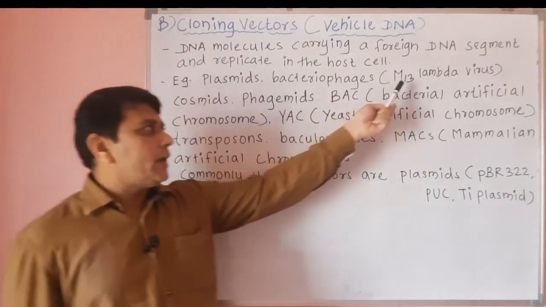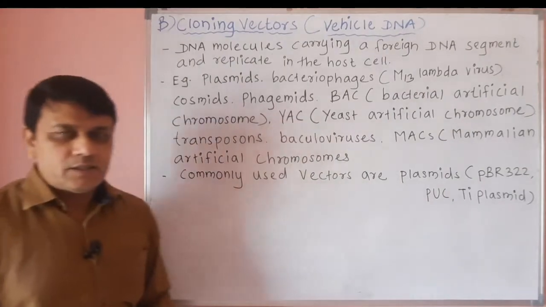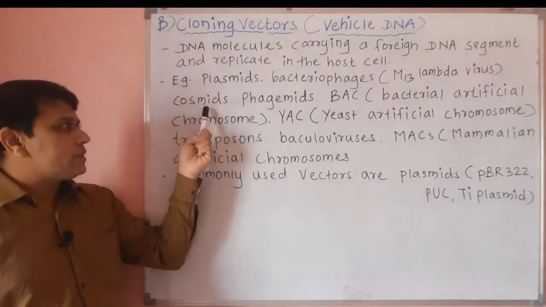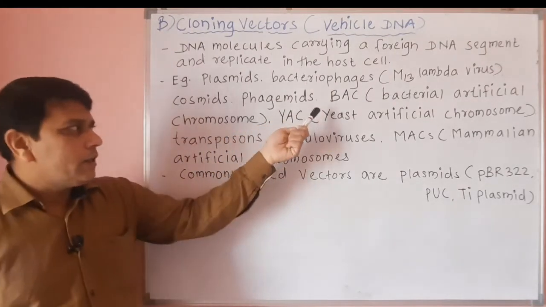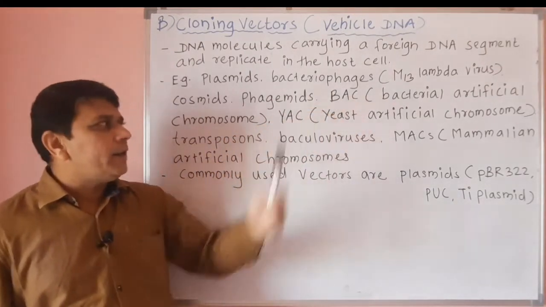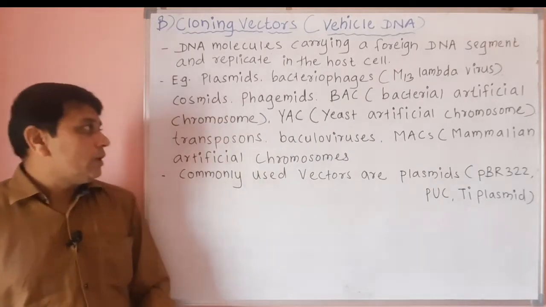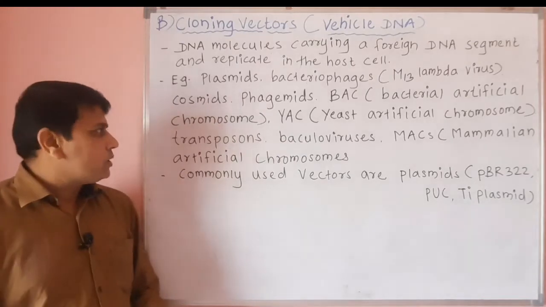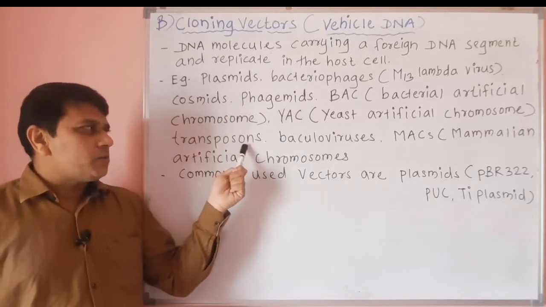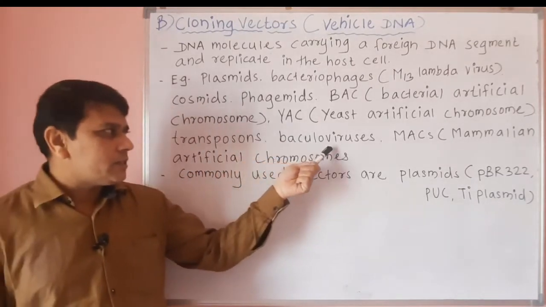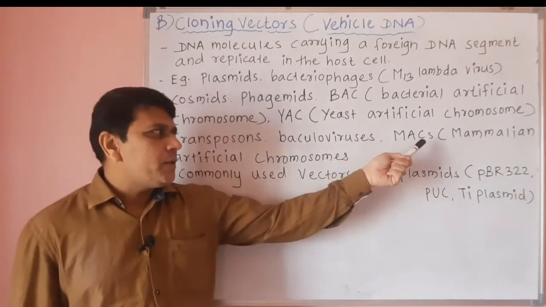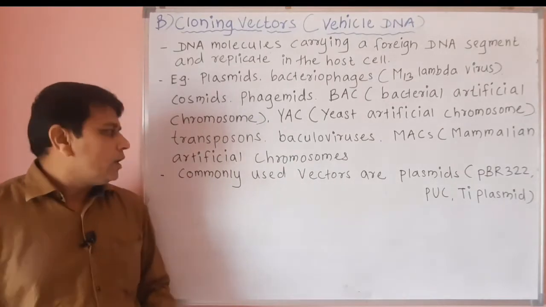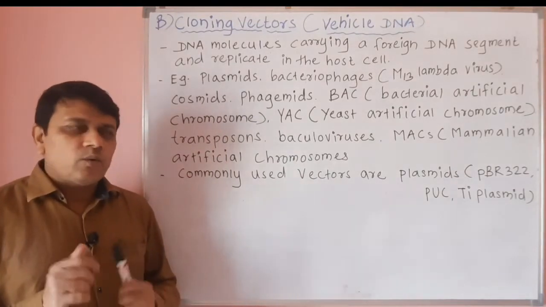Then viruses like M13 and lambda viruses are used as cloning vectors. Then cosmids, phagemids, then BAC, that is bacterial artificial chromosomes. Then YAC, that is yeast artificial chromosomes. Then different kinds of transposons. Then baculoviruses, and MAC, that means mammalian artificial chromosomes, can be used as cloning vectors.